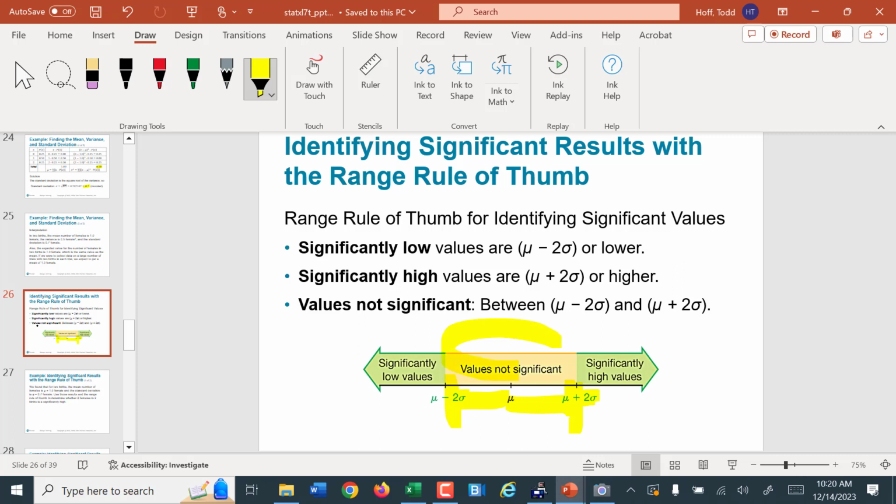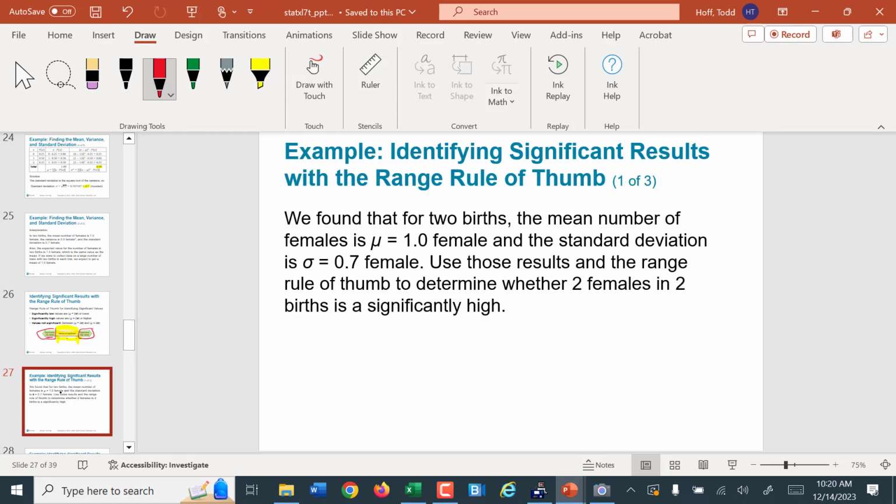In other words, most of our values, about 95%, should be within 2 standard deviations of the mean. So if we have a value that's more than 2 standard deviations less than the mean, that's a significantly small value. Or a value that's more than 2 standard deviations larger than the mean, that's a significantly high value. Well, let's apply that to our example here of the female births.